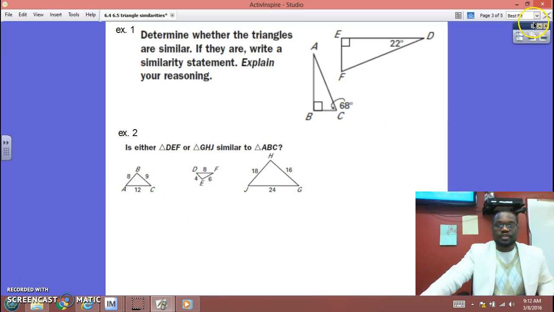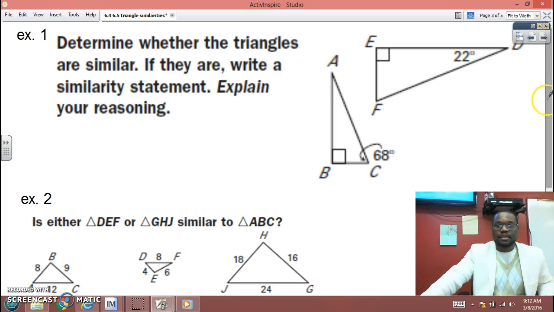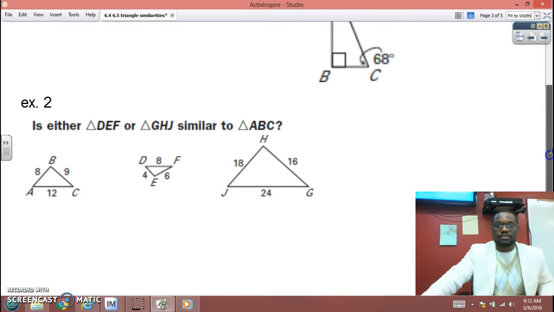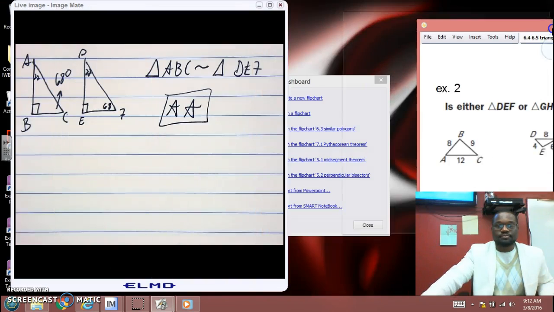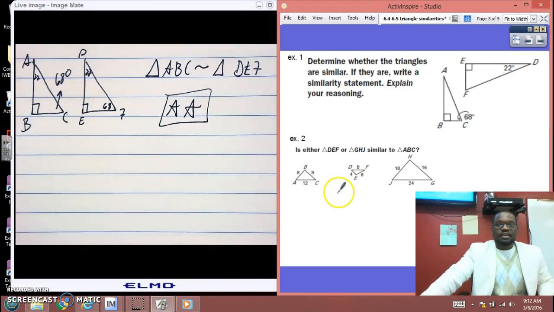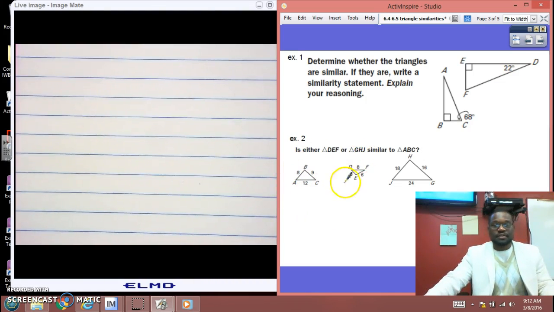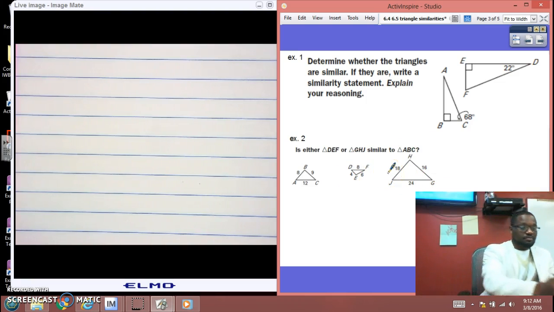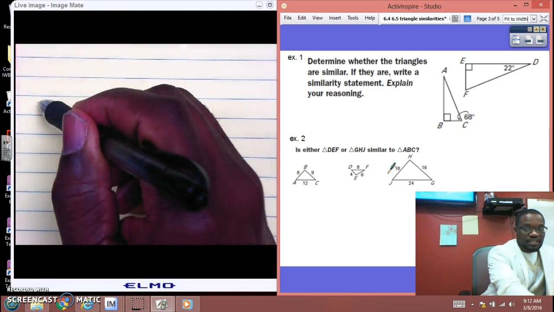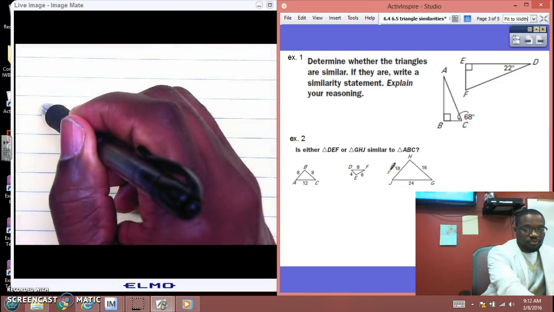All right, let's see if we can make this a little bit bigger and scroll down just a little bit. Now here's triangle ABC, and if I want to try DEF, the first thing I need to do is maybe flip it back up, because triangle DEF is kind of off a little bit.